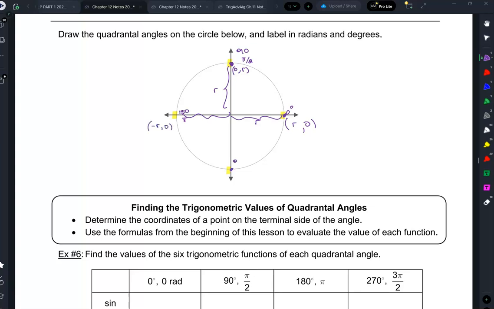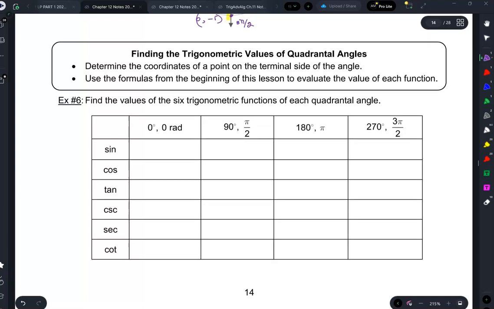And this one at 270 or 3 pi over 2 will have a coordinate of 0, negative r. So given all this, let's now find the trig values of the quadrantal angles. For each of them, we are going to use the coordinate points.